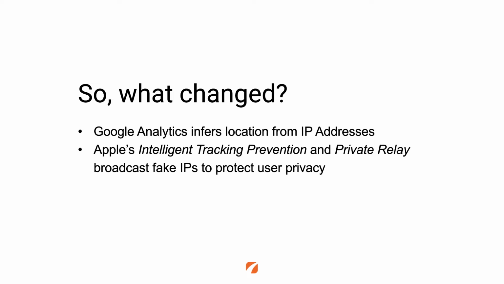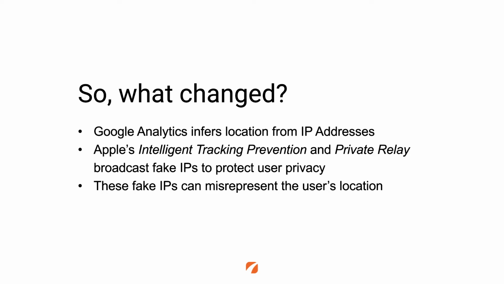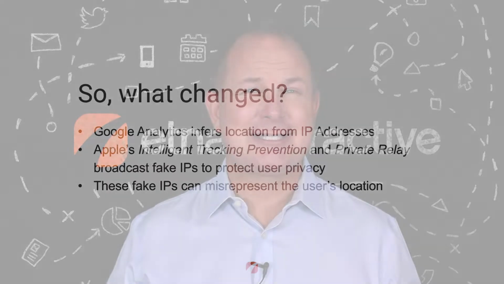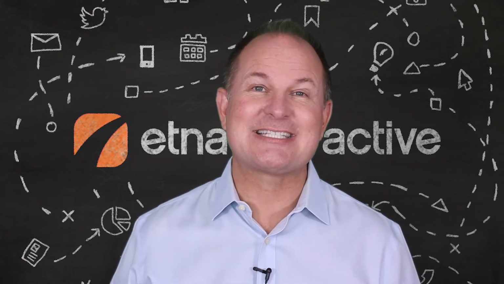They basically broadcast fake or alternative IP addresses for the users so that you can't track them from one browser to another or between a browser and an application, as a way to enhance the user's privacy. But in broadcasting those fake IPs, what we've observed is that it's often misrepresenting or clouding the exact location of those users, sometimes by actually placing them in entirely different states and cities.